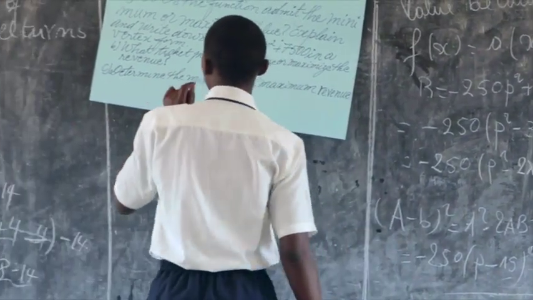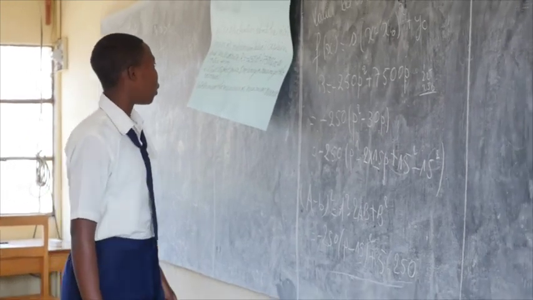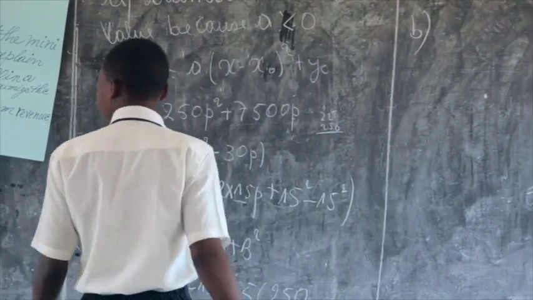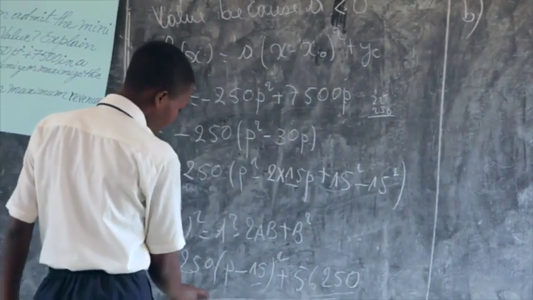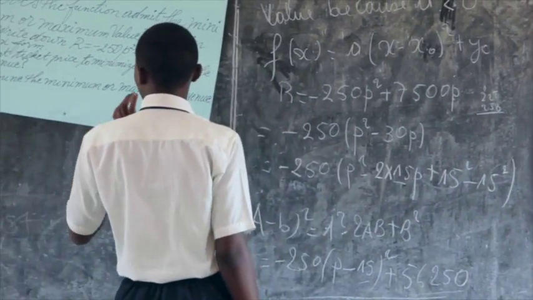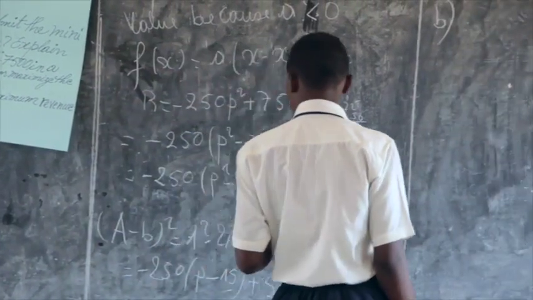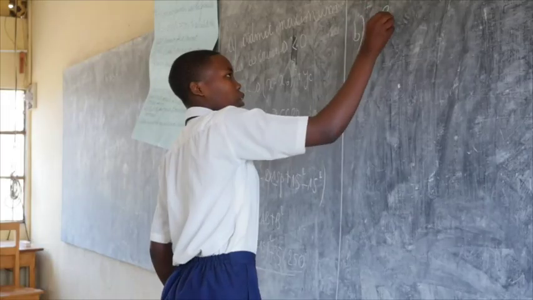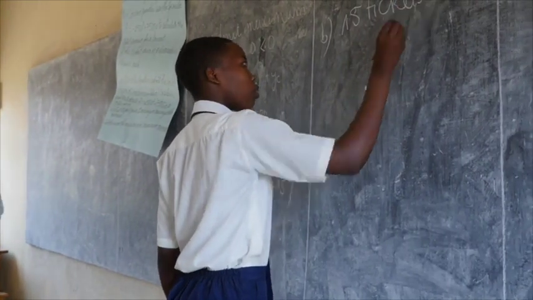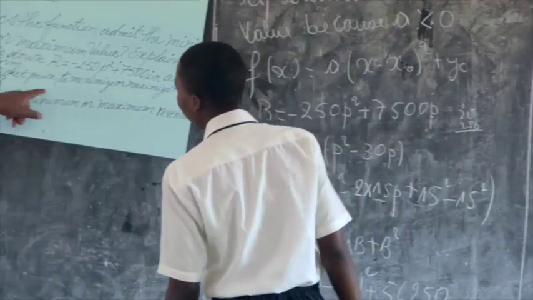Then number B. What ticket price minimizes or maximizes the revenue? This question depends on vertex form. It asks what ticket price minimizes or maximizes the revenue. The ticket price to maximize the revenue is 15. Number C. It is what ticket price?